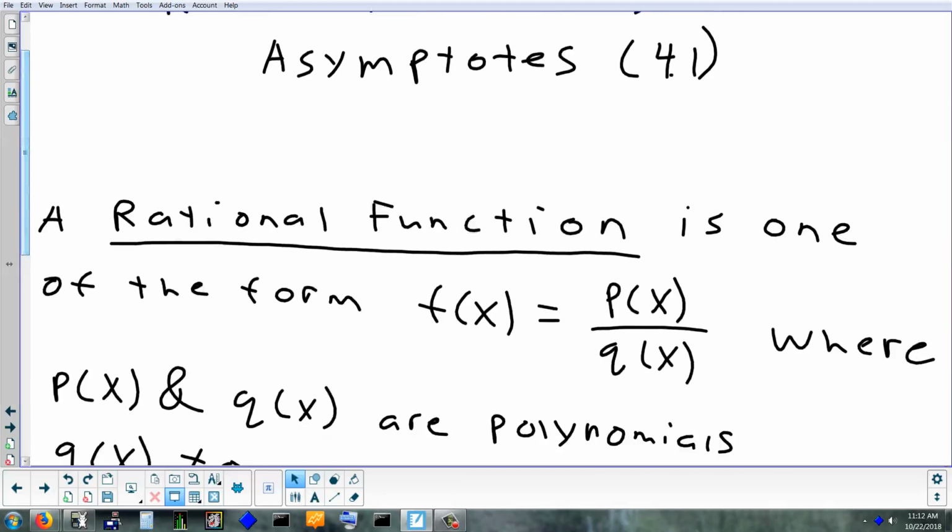The difference is you have a polynomial on the top divided by a polynomial in the bottom. So an example might be x cubed plus 2x minus 5 divided by x squared minus 3. That's a rational function.